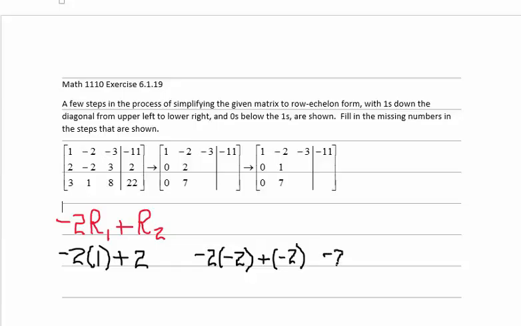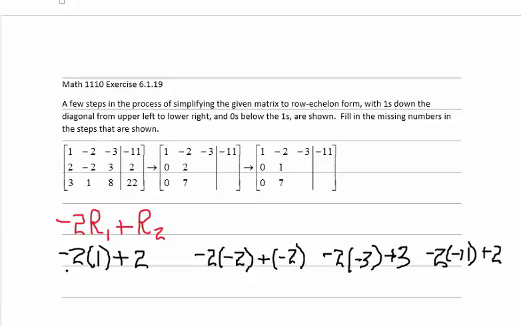So we're also going to multiply -2 by -3. This is the third column element of row 1, and we're going to add to that the 3 that was in our original row 2. And then we're going to do -2 times -11, and we're going to add to that the 2 that was in our original row 2.